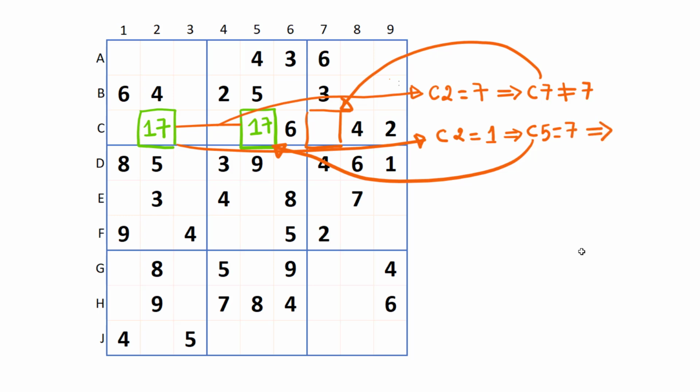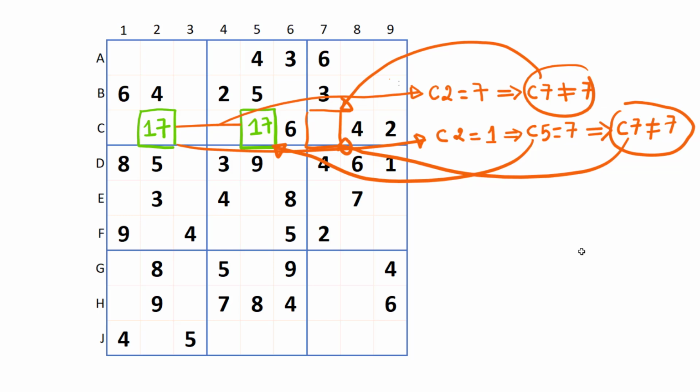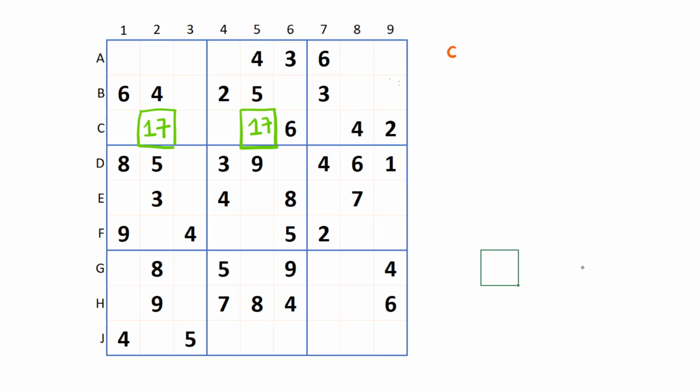If C2 is 1, then C5 is 7, and C7 is also not 7. In both cases with C2, the number 7 cannot be in cell C7. Conclusion: C7 is not the number 7.